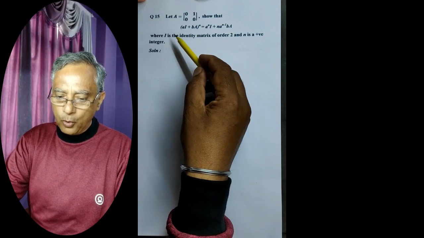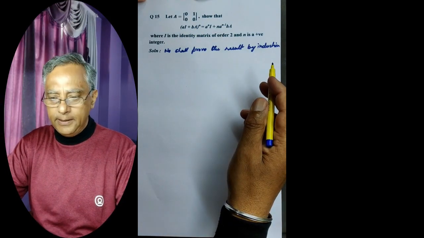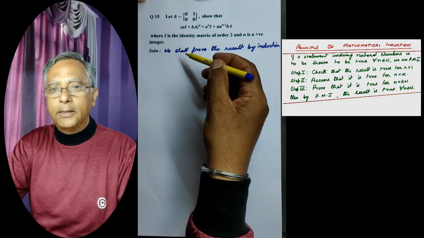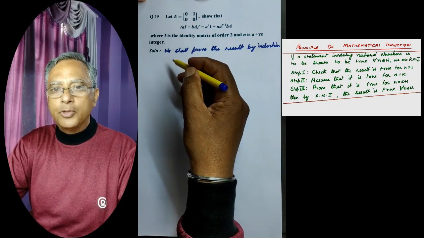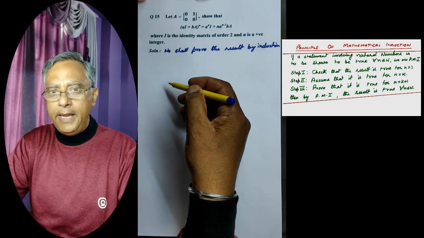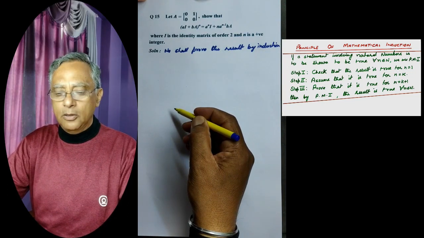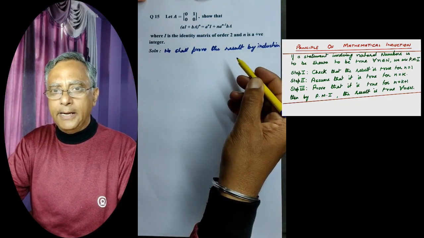Now, since we have to prove this result for all n, we shall prove the result by induction. In induction, it involves 3 steps. First, we have to check the result for n equal to 1, assume for n equal to k, and then prove for n equal to k plus 1. First 2 steps are very simple and we write them directly.